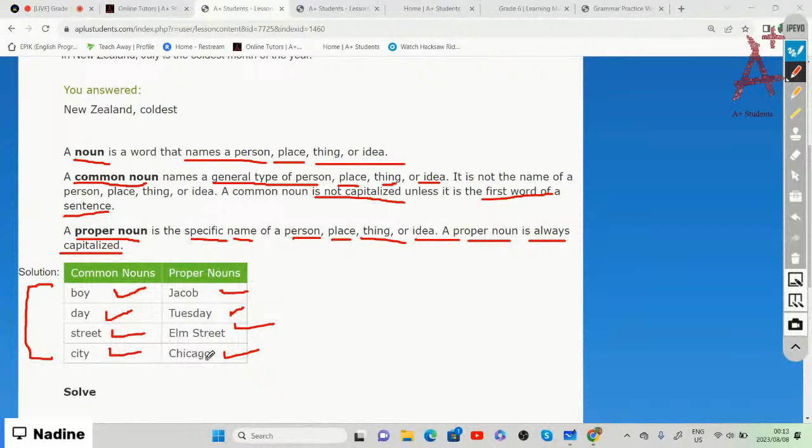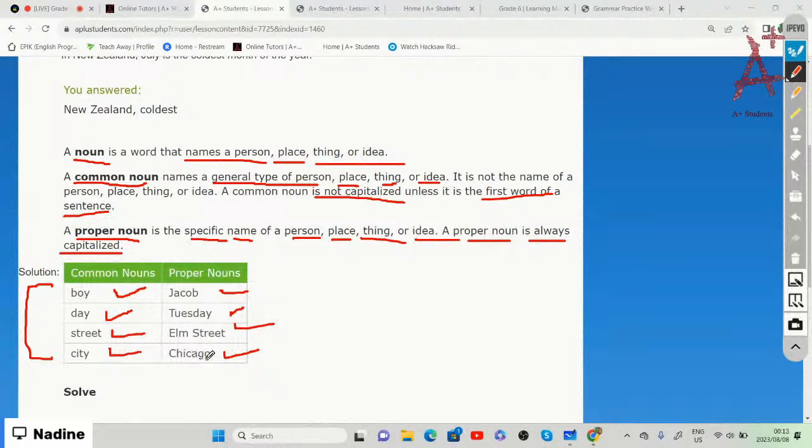So remember, a sentence starts with a capital letter. So it will be capitalized, but it is not capitalized just for the sake of capitalizing.